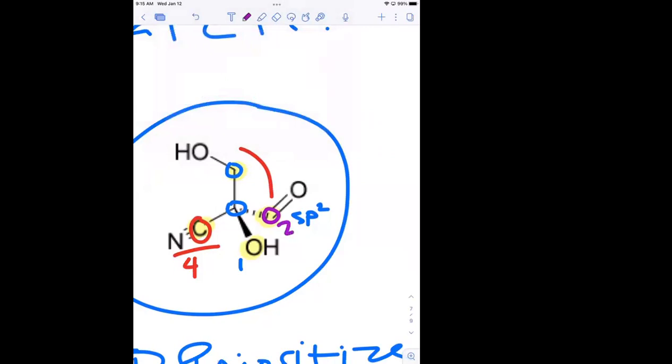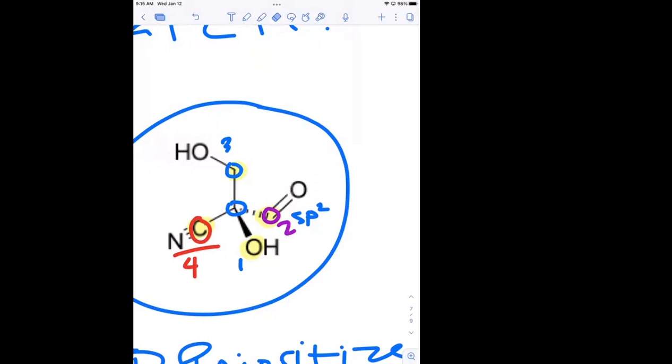This group right here is 2. And then up top, that group is 3. Anybody not seeing that? Like how to assign the priority? I know it may be new. We talked about it a little bit in part 1. But when you're comparing atoms that are the same, you have to move to find a point of difference.